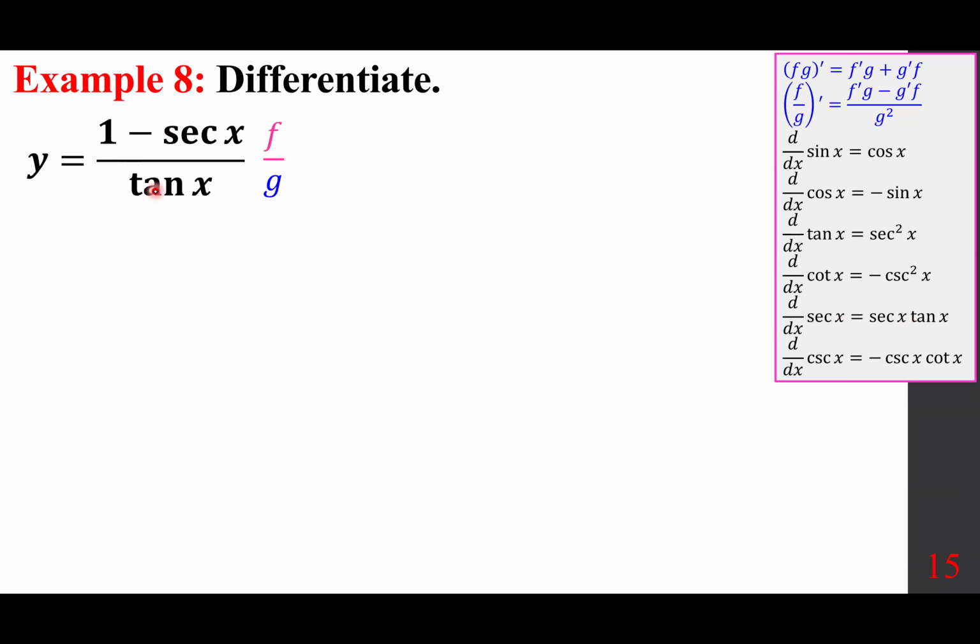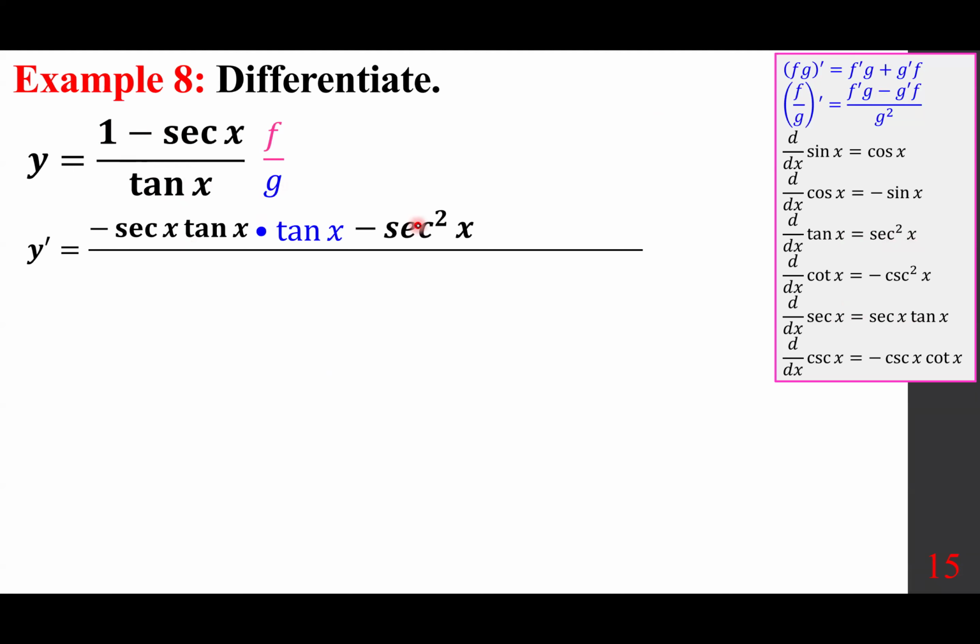So negative secant x tan x times g, times tan x, minus g prime, the derivative of tan x is secant squared. So minus secant squared times f with the parentheses, the numerator 1 minus secant x over tan x, and square it because it's g squared.